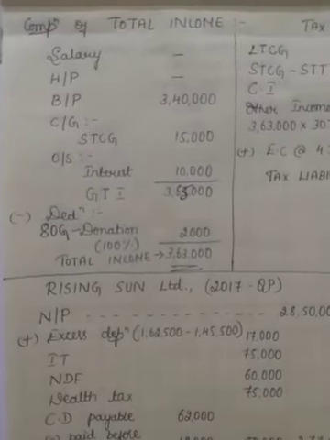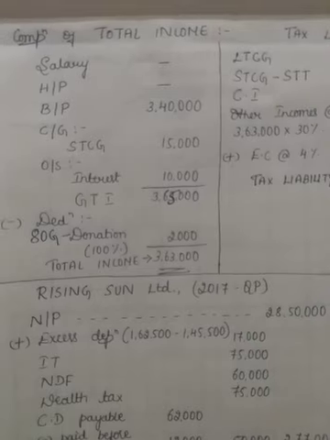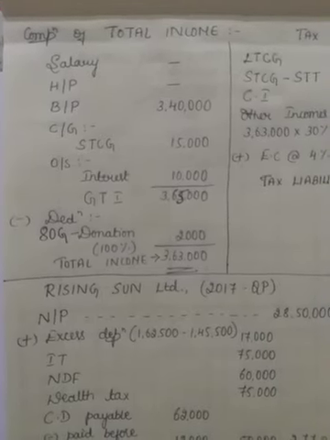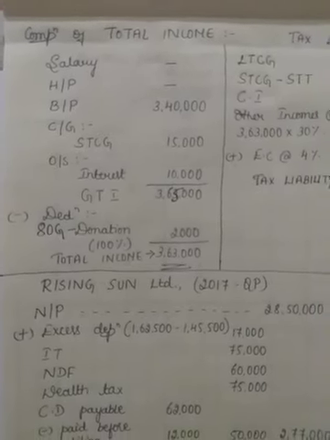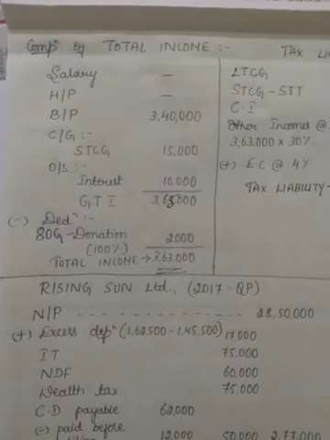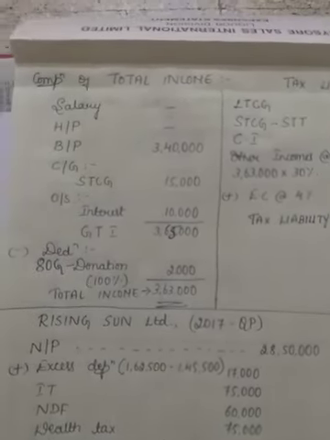Therefore, as it is not completely said, we can take it as a 100% deduction. So I have taken 100%, 2,000 deducted. So total income will be arrived at 3,63,000.